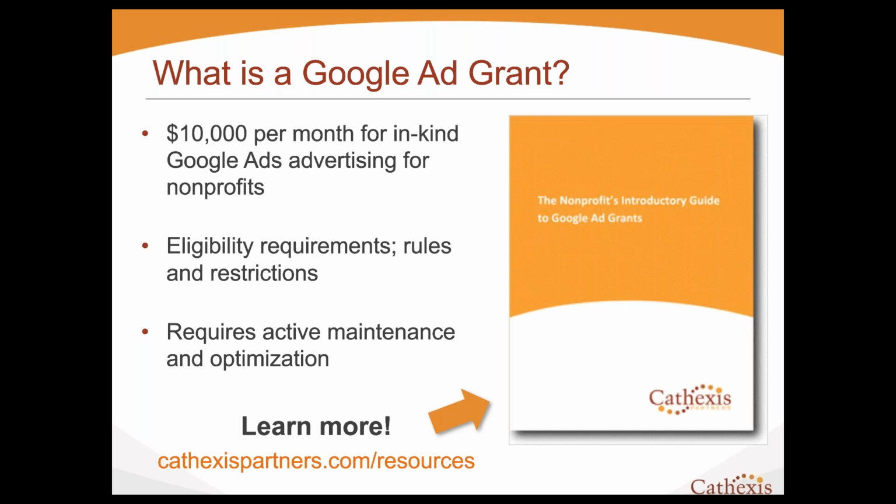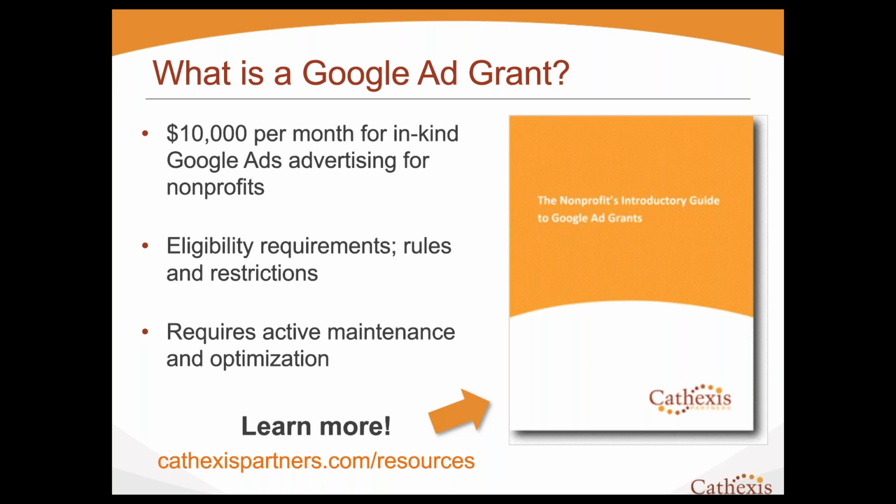Yeah, that's awesome. So just quickly, the Google grant is $10,000 per month for in-kind Google Ads advertising for nonprofits. There are eligibility requirements, rules, and restrictions. There's a lot of details in that. We're not going to cover that so much today. We do have another document, though, that covers all that.